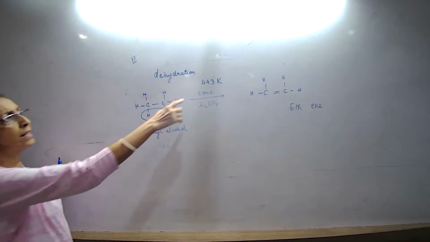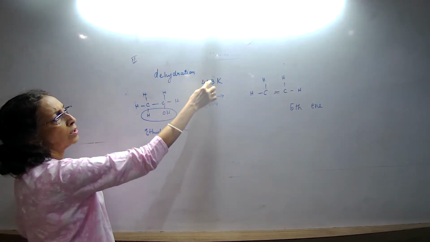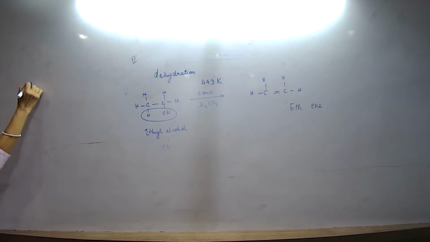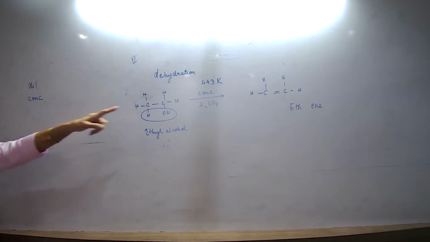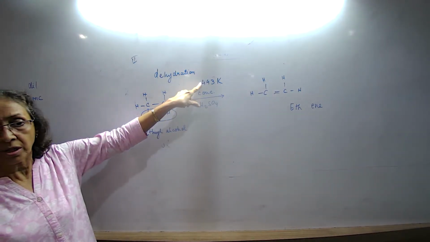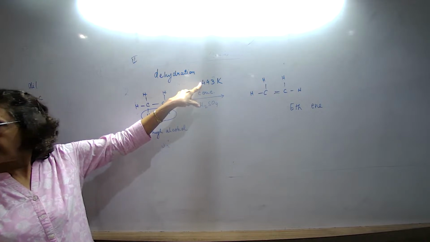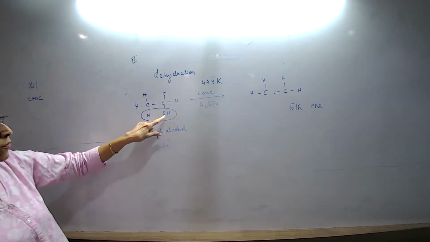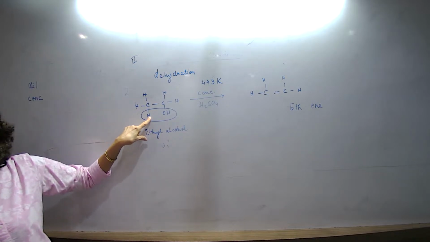It's a dehydrating agent. So hot, concentrated. CONC is concentrated. I'm always going to be using this. Diluted, concentrated. Okay. So that's your concentrated sulfuric acid at a very high temperature. It is acting as a dehydrating agent. That means water has been taken away. So you have water H2O which is taken away from here.